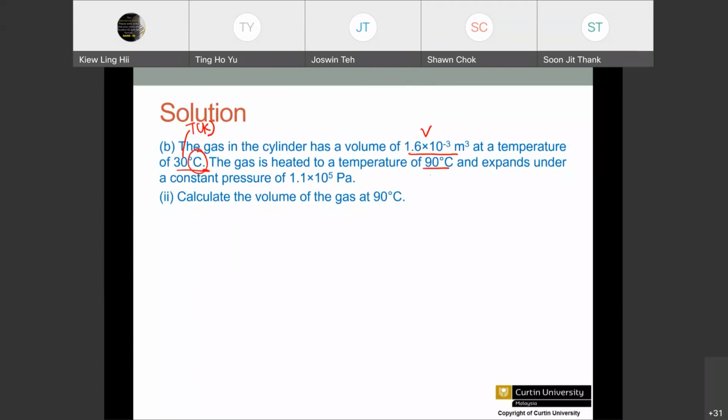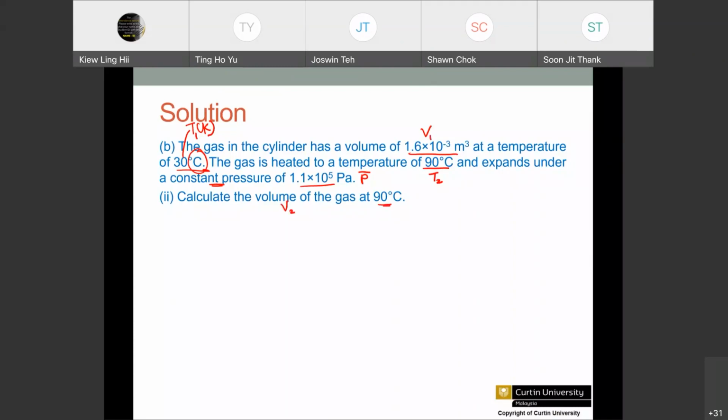Let's assume this one as T1, this one as T2. It expands under constant pressure, 1.1 times 10 to the power of 5. Calculate the volume of gas at 90 degrees Celsius. So we want to calculate what is our V2.